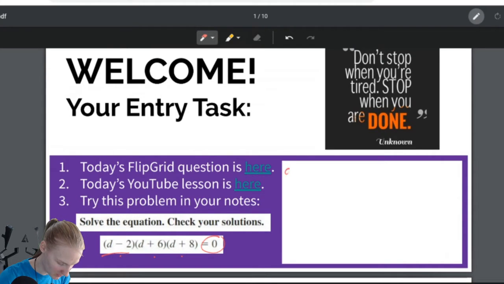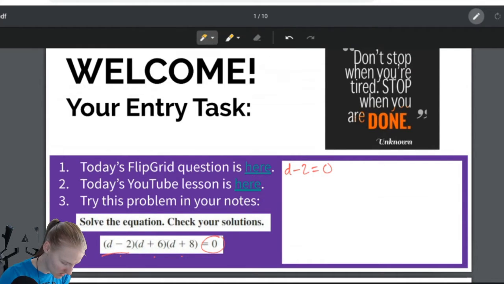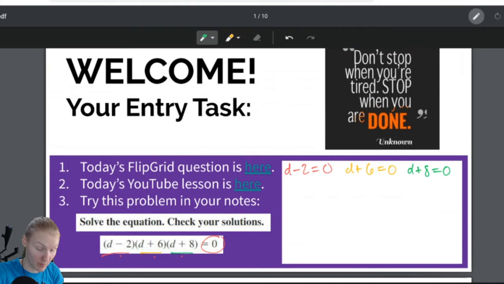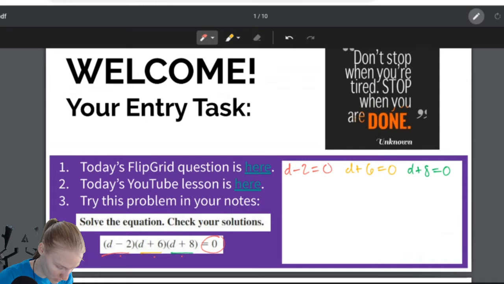So, we have d minus 2 equals 0, or we have d plus 6 equals 0, or we have d plus 8 equals 0. All of these are options. And now we're just gonna solve each one.